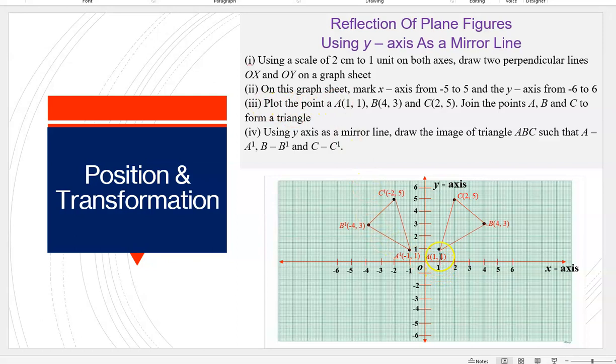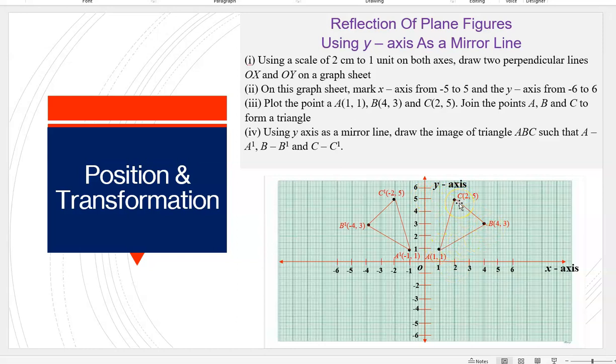So positive 1, that is A. You write your coordinates clearly. B (4, 3). That is B. C (2, 5). 2 and then 5, where they intersect. Then we join the points.